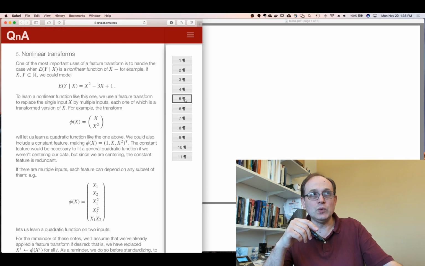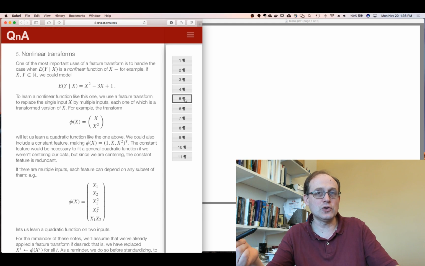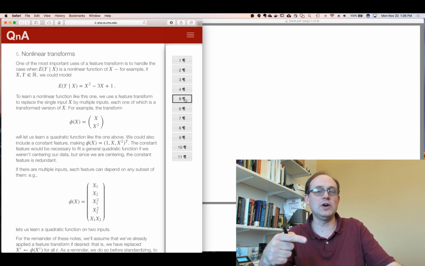We just add in some nonlinear functions of x as our inputs. For example, if we wanted to fit a quadratic function, we could add x and x squared instead of just x. Or if we wanted to fit a function represented by the first few terms of a Fourier series, we could add sine x, cos x, sine of 2x, cos of 2x, and so forth.